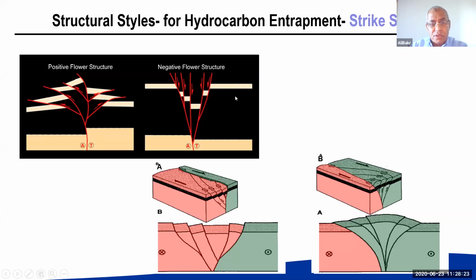Now the question: why are we getting all of this complication? Actually, you will never be able to interpret seismic data without having structural geology in your mind while you are interpreting your data.